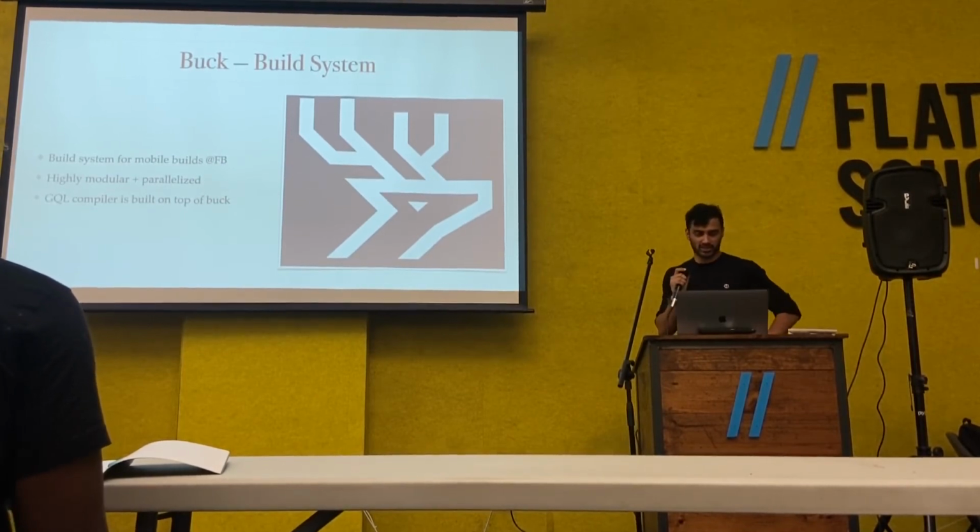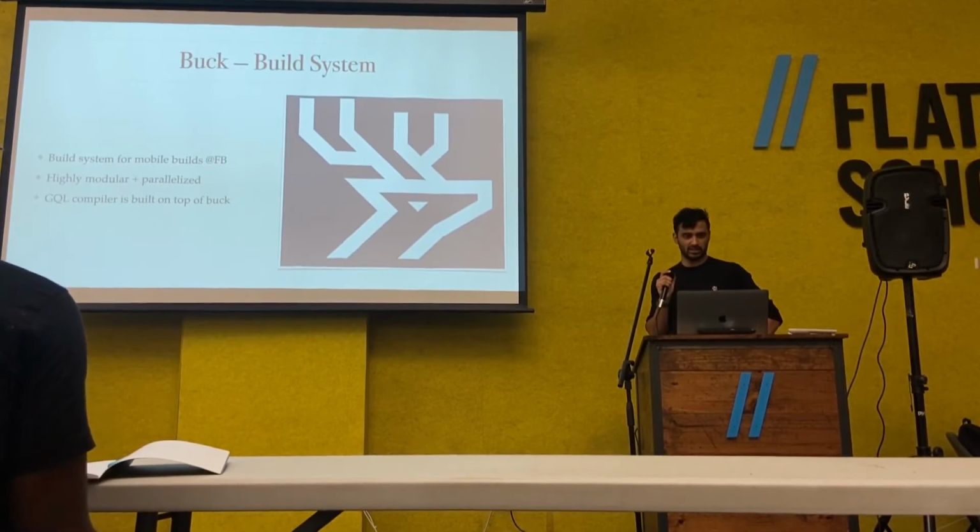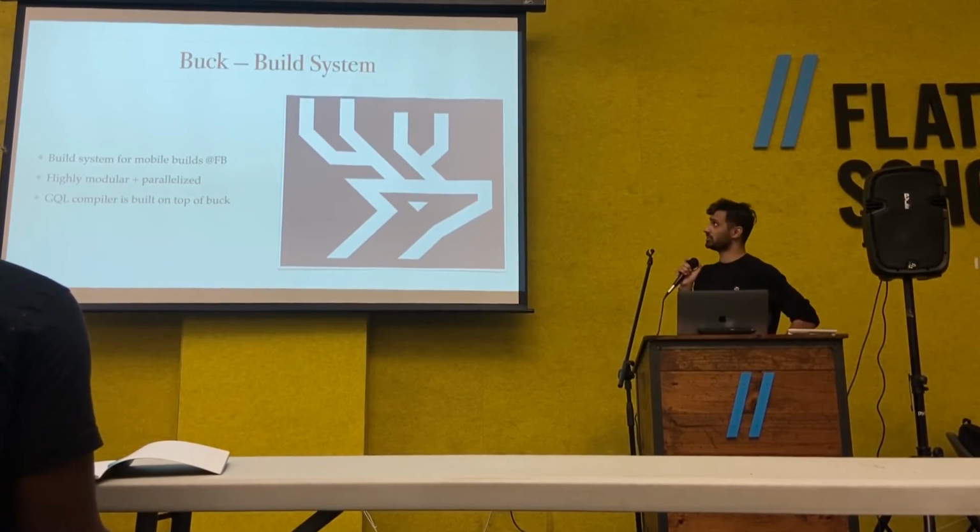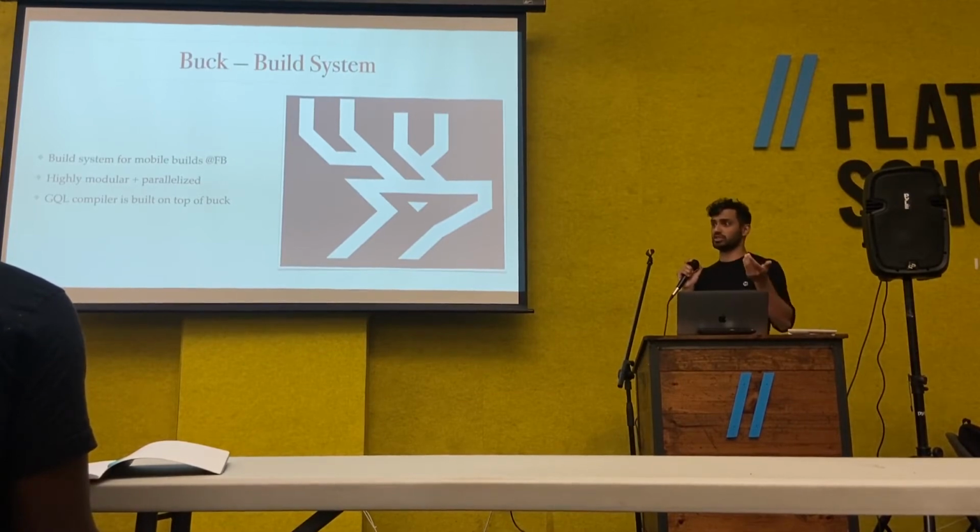One of the things that is unique, I think, to the way our compiler works is that it is built on top of another build system, another build toolchain. That's what Buck is. Have any of you heard of Buck or Blaze at Google?